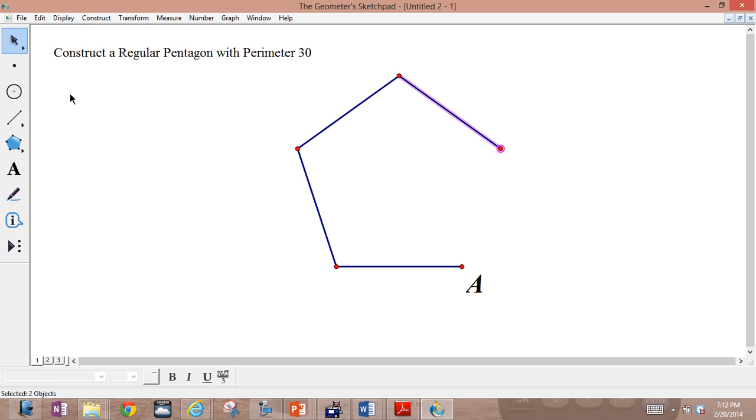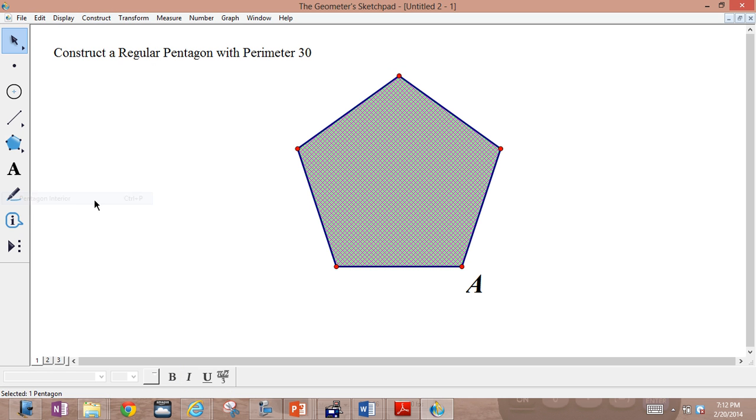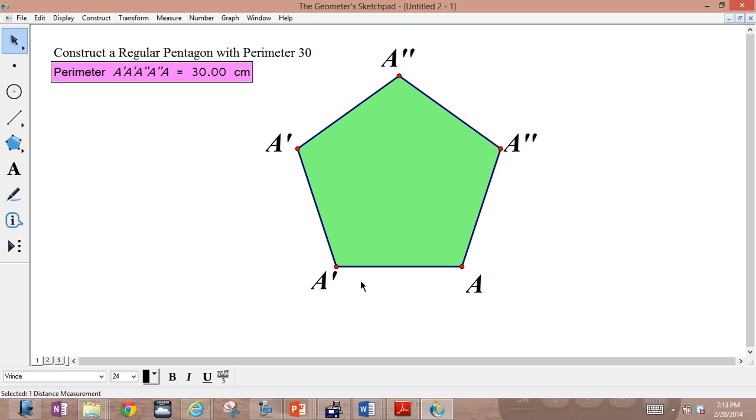And lastly, you can either translate or just draw the segment now, and we can confirm that when we fill this in, construct the pentagon interior, and measure the perimeter, it is exactly 30 units.